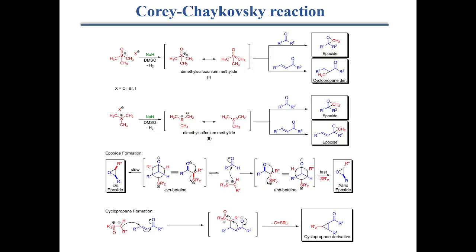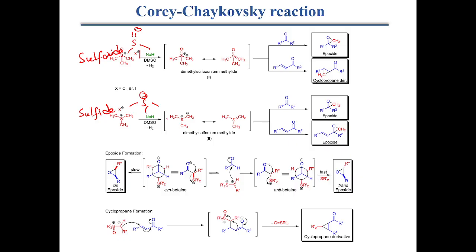So now I am going to discuss the Corey-Chaykovsky reagent. There are two possibilities of Corey-Chaykovsky reagent. One is the sulfide, this is sulfide, trimethyl sulfide. This is sulfoxide. Here this is S double bond O, and this is S plus, trimethyl sulfide, trimethyl sulfoxide.